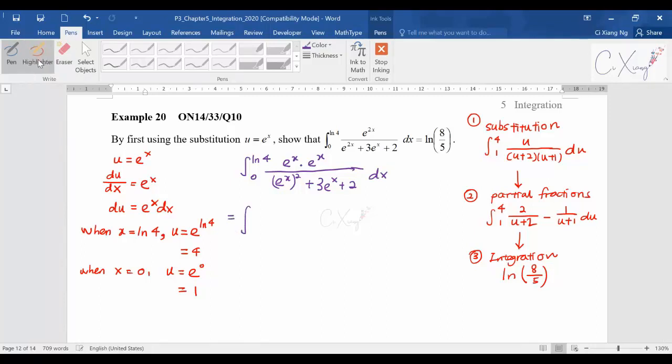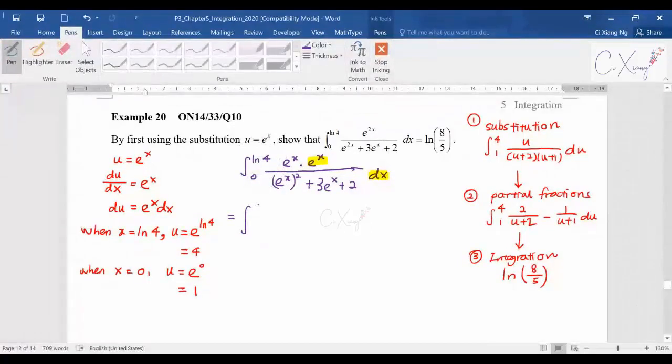Now, first of all, I want you to look at this one, e^x dx. The e^x dx, you can replace by du later. The rest of the expression here, you can replace everything using u. So I will start the substitution now.